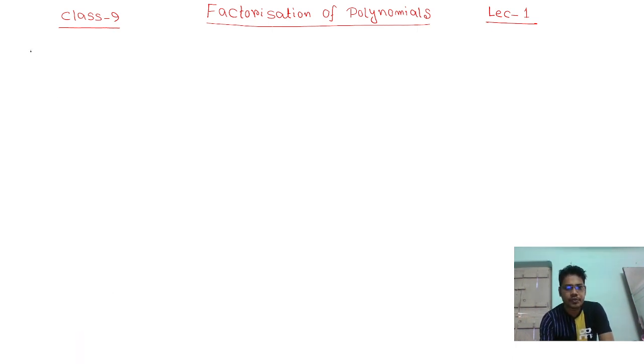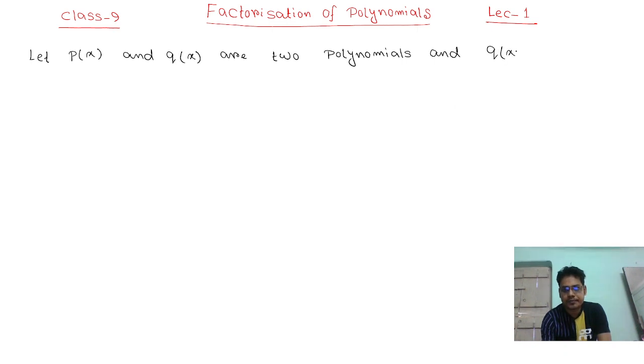For example, suppose p(x) and q(x) are two polynomials, and q of x is a factor of p(x).